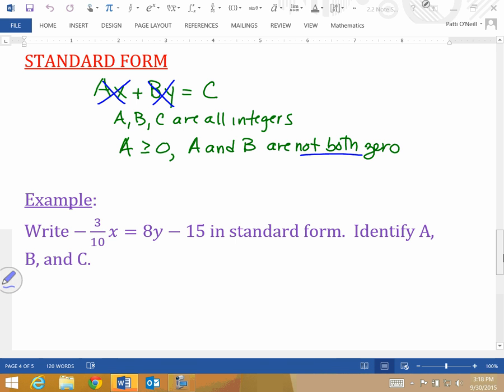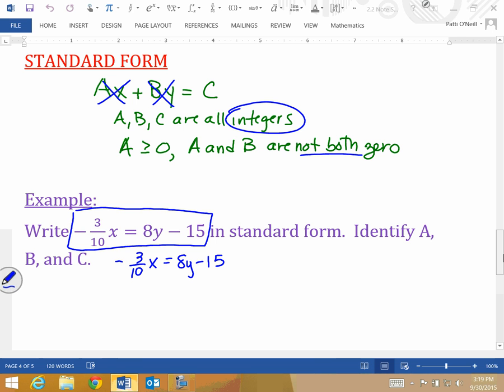So we have this linear function, negative 3/10 x equals 8y minus 15. And I want to put that into standard form and then identify the values of a, b, and c. So if we start off with negative 3/10 x equals 8y minus 15, our key here is because these all have to be integers, we can't have any fractions.